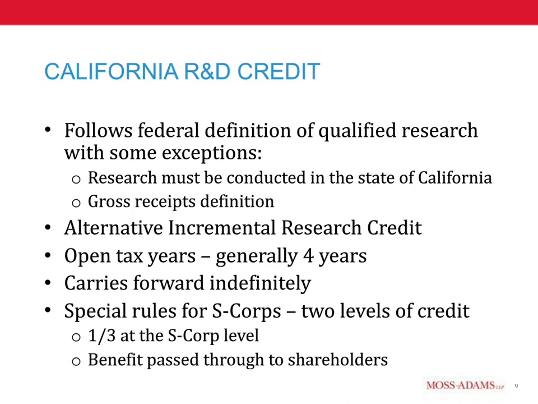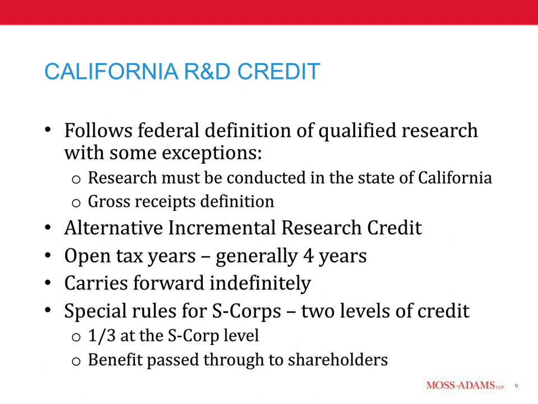The California credit follows the federal definition of qualified research with some exceptions. Again, like most states, the R&D has to occur in the state of California, and their definition of gross receipts is gross receipts occurring in California only. Open tax years are generally 4 years.